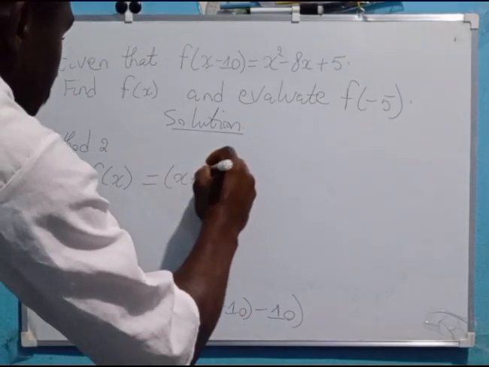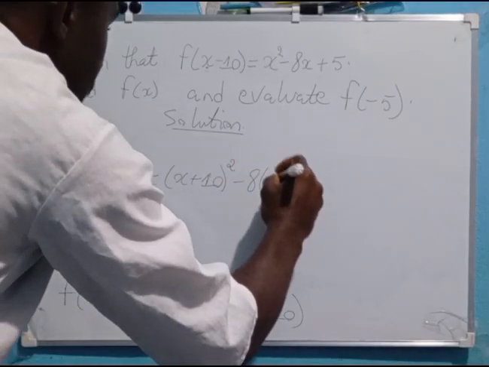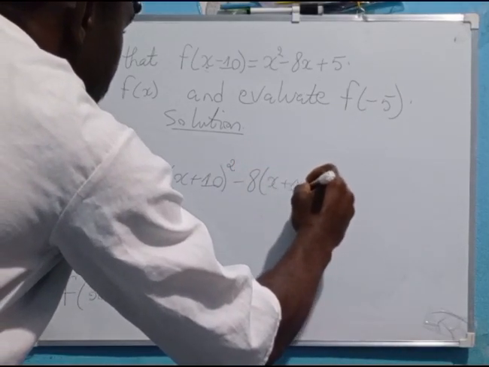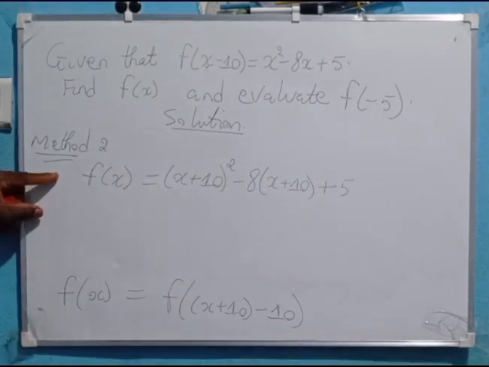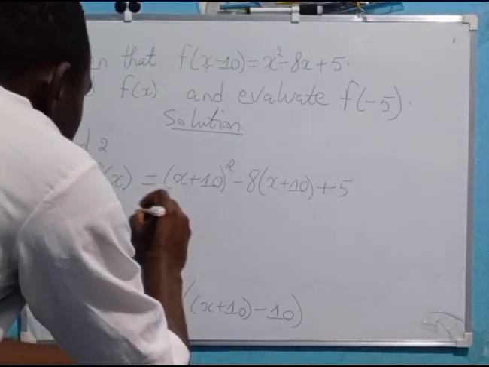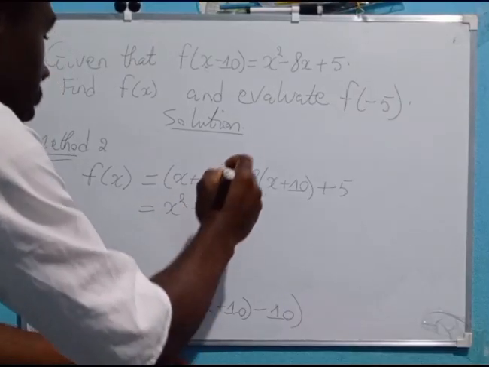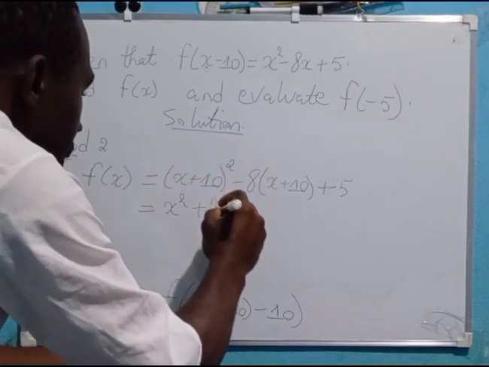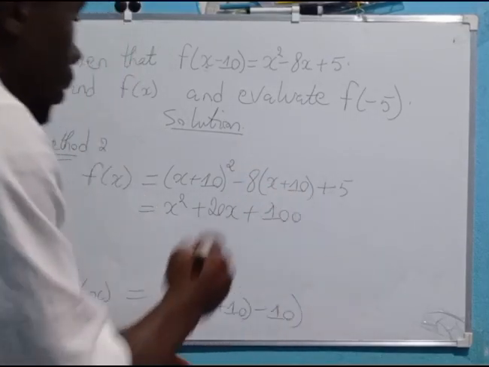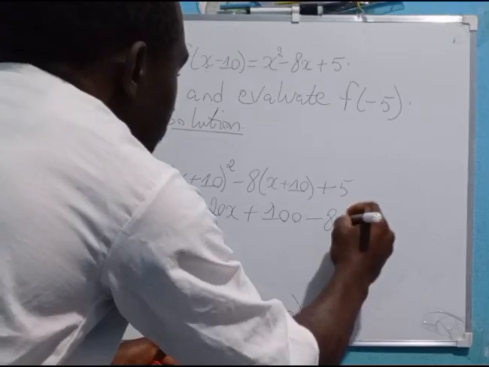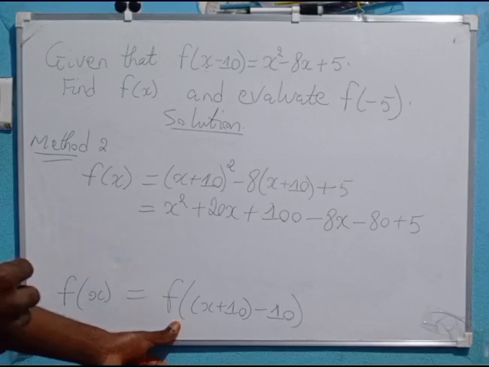This will give us x plus 10 squared minus 8 times x plus 10 plus 5, of which this will be equal to x plus 10 squared gives us x squared plus 2 times x times 10, 20x plus 10 squared, which is 100, minus 8x minus 80 plus 5.